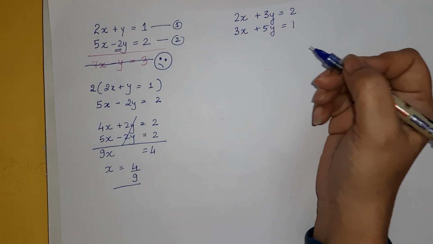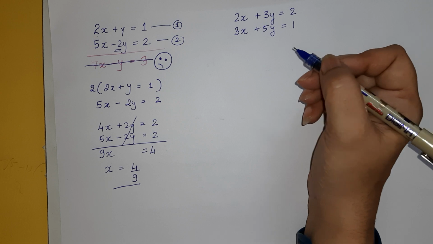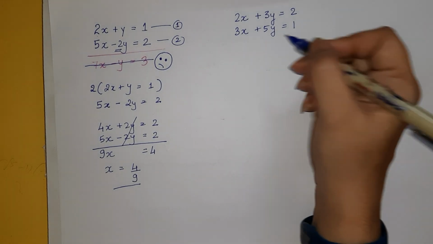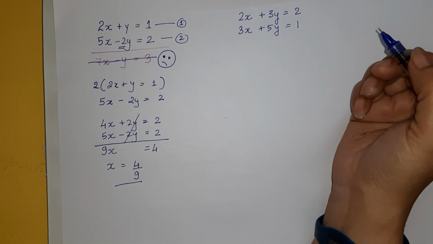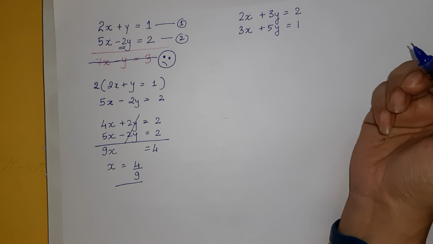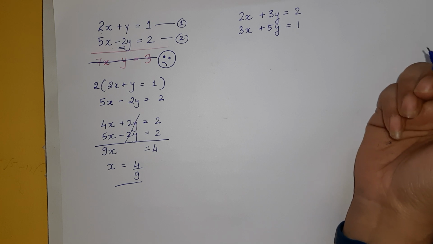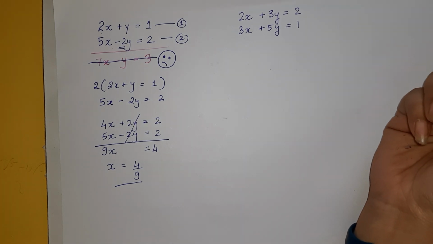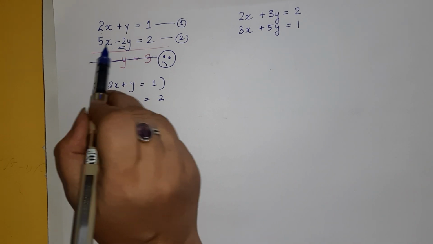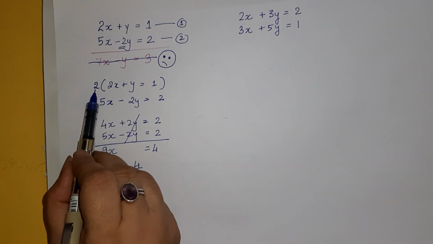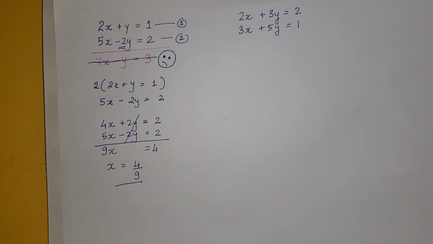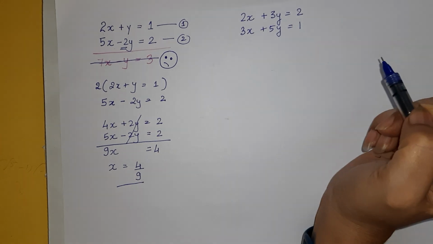Now, first we see if we can cancel the variables. There are no such variables which we can cancel, no opposite signs. We have to change the sign and then look if we can cancel somewhere. Still not possible. Is the situation like the one here, where we could just multiply the entire equation by a single number and get a similar number and cancel it out? It's not the situation here.